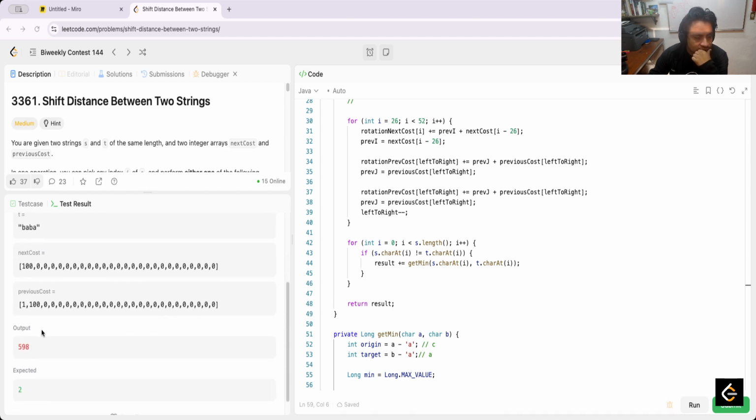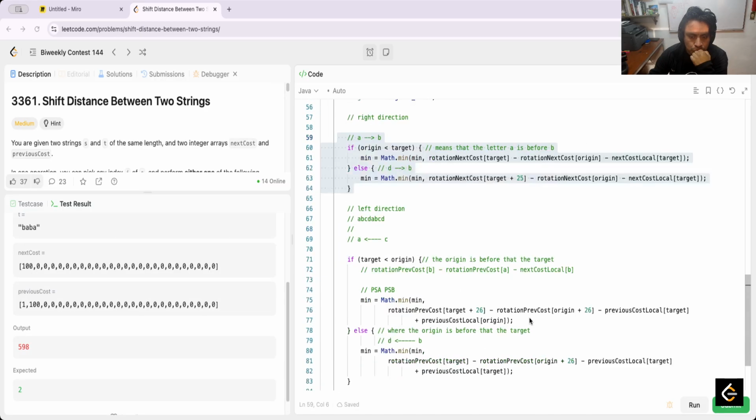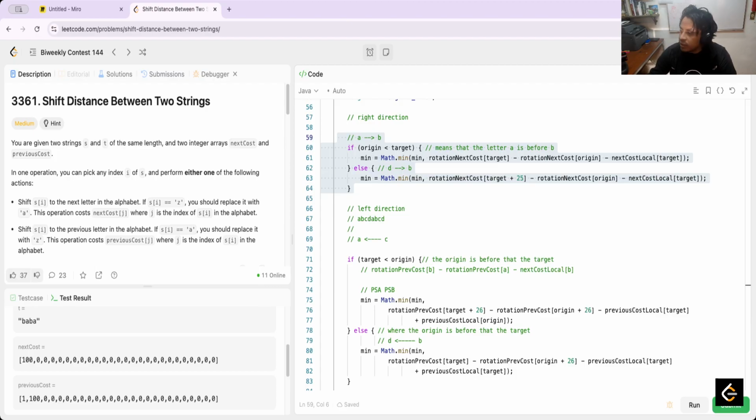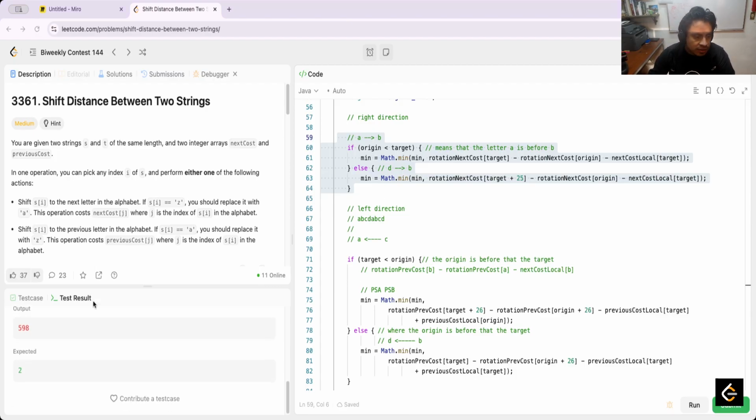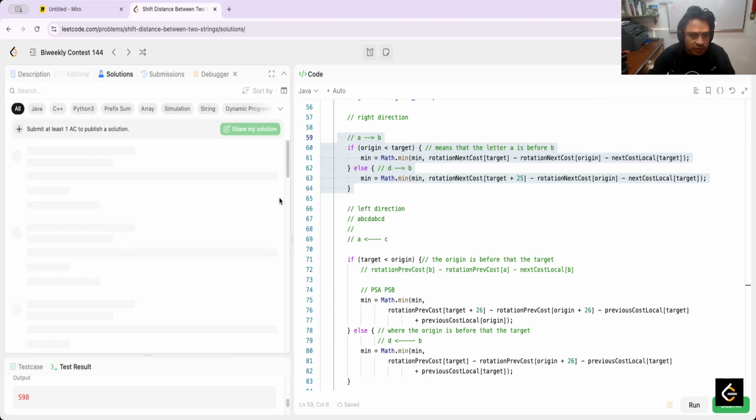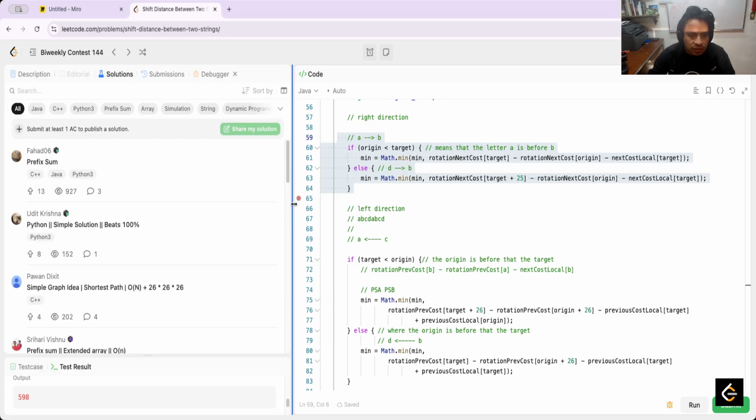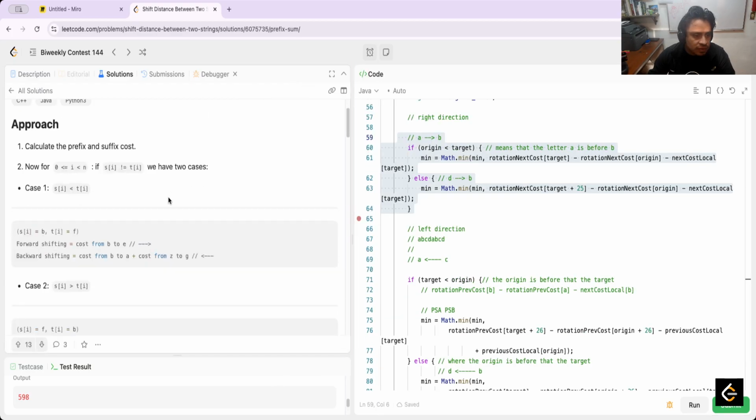Why? I don't understand why. Okay, I will check the answer because I really don't know why this appeared, but I spent too much time trying to figure it out. The prefix sum.